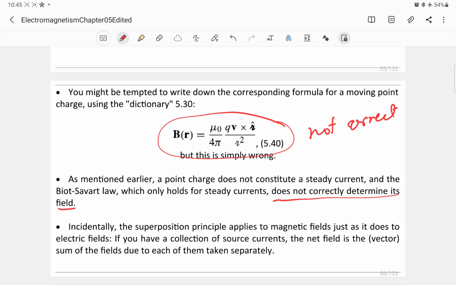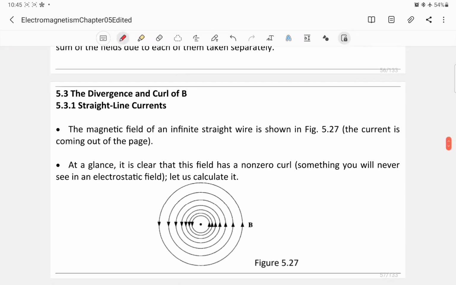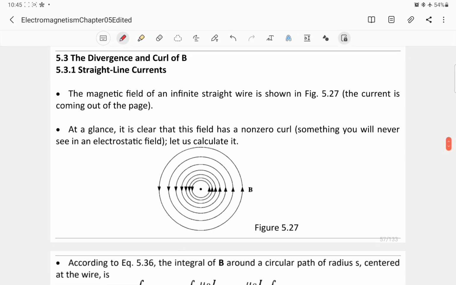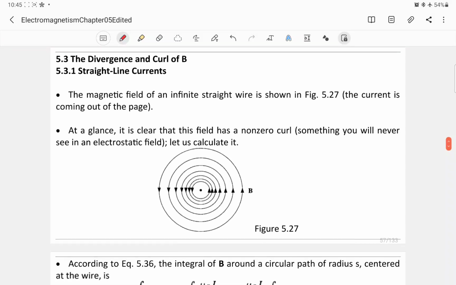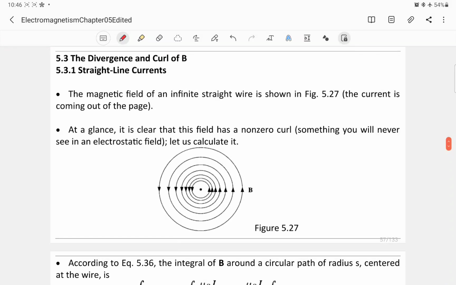A charge is affected by a magnetic field, and the magnetic field is produced by a steady current, not by a single charge. So that's it for today's lecture, and next time we will be continuing with the magnetic field, and we will be looking at the divergence and the curl of the magnetic field.